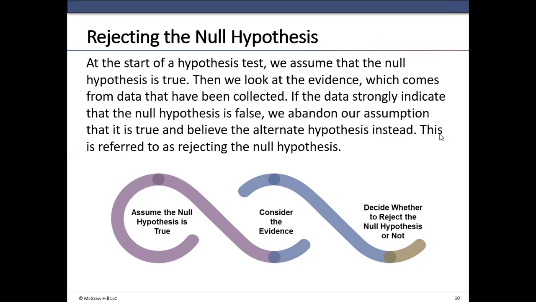If the data strongly indicate that the null hypothesis is false, or in other words, the data strongly support the alternate hypothesis, then of course it is not supporting the null hypothesis. We abandon our assumption that the null hypothesis is true. Then we reject the null hypothesis and support the alternate.